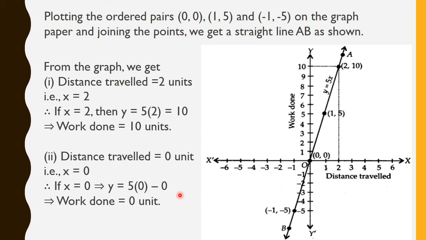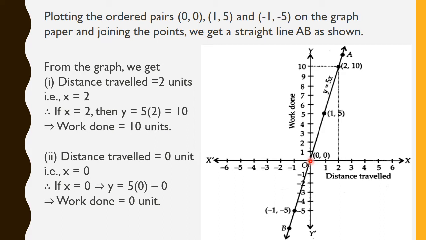The second part has asked to find out the value of the work done if the distance traveled is 0 units. So if the distance traveled is 0 units, the work done will also be 0. Why? Because we can see that we have already plotted a point at the origin, or (0, 0).